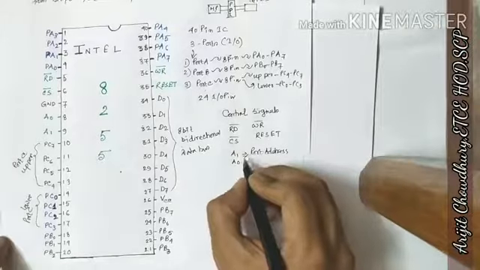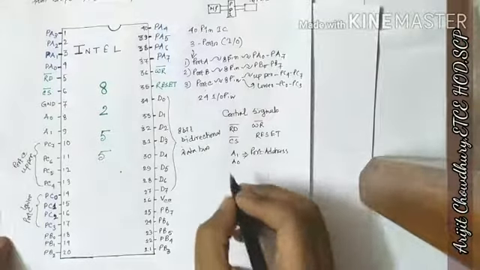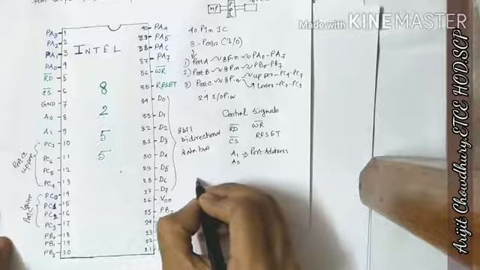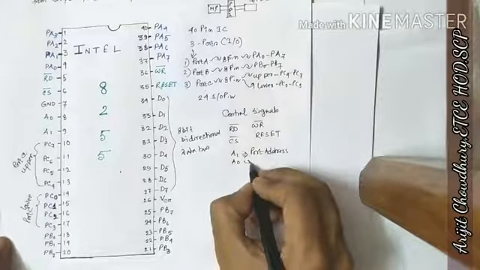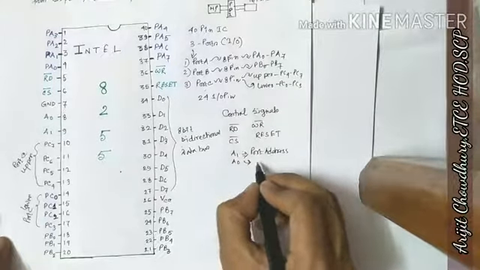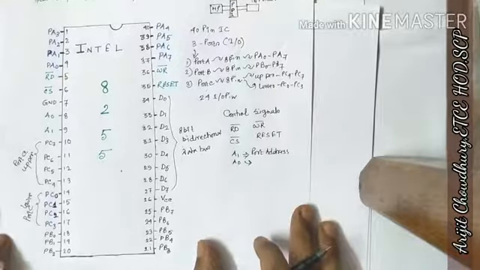Then how is the port address defined? A1, A0 define the port address.